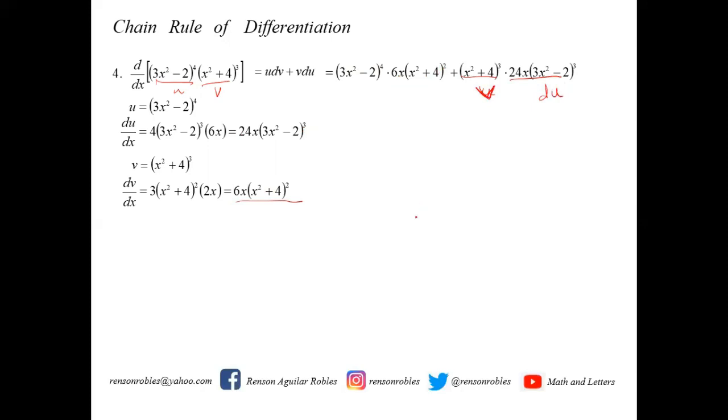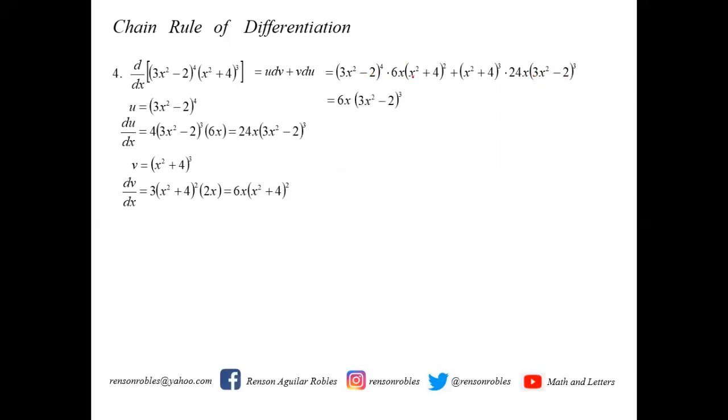Okay. And then when you simplify that, we shall now have 6x. That's the common monomial factor between 6x and 24x. So that's 6x. And then we shall have 3x squared minus 2 to the 4th power and 3x squared minus 2 to the 3rd power. Common monomial factor is 3x squared minus 2 to the 3rd power.